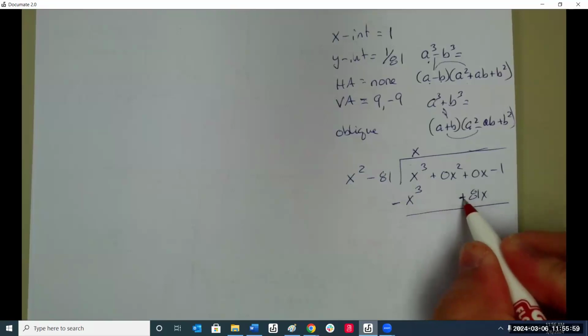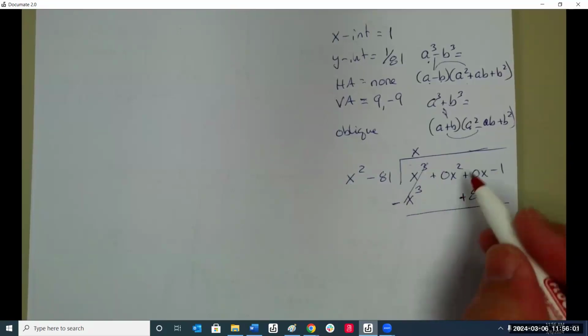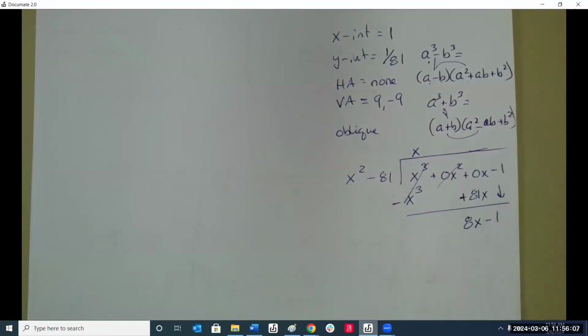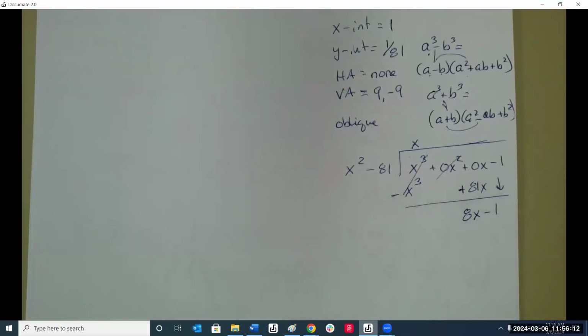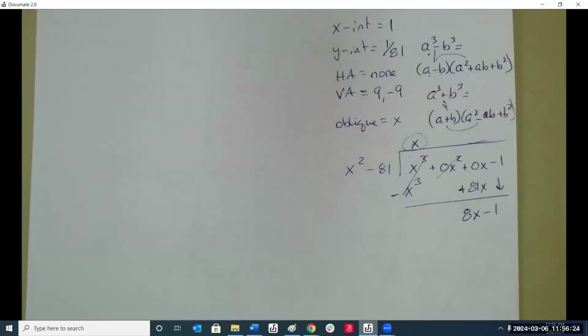Change the signs and add. That's gone, that's gone. So we have 81x and bring down this one. Since x squared doesn't go in there, the rest is a remainder. So that's our equation. Our oblique asymptote is x.